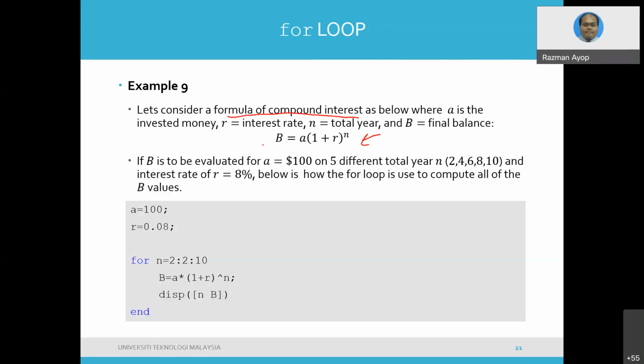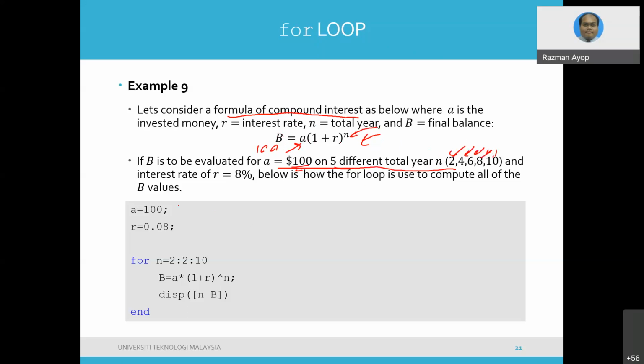You know A is 100, and you have 5 different years. So you want to know the compound interest you will get if the year is 2, 4, 6, 8, and 10.